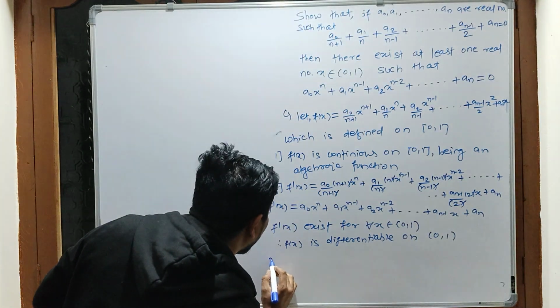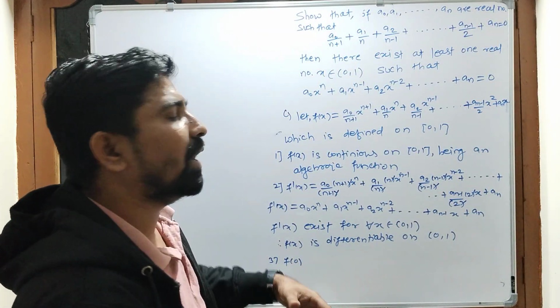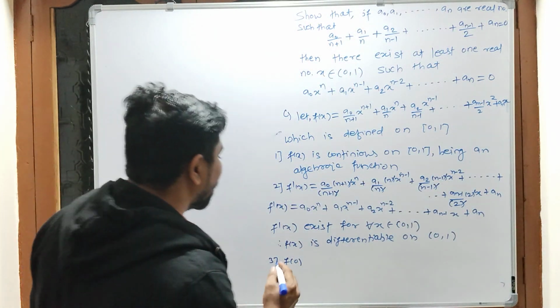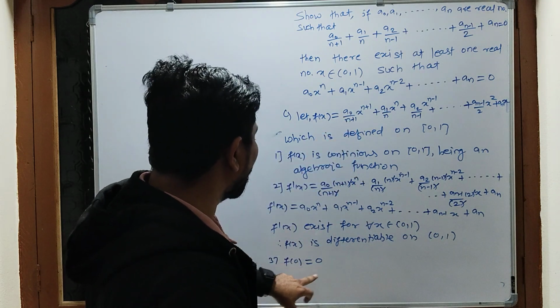Now the third condition of Rolle's theorem says to find the functional value at endpoint 0 and endpoint 1. So f at 0 equals 0, since f of x is this. Therefore f of 0 is 0.